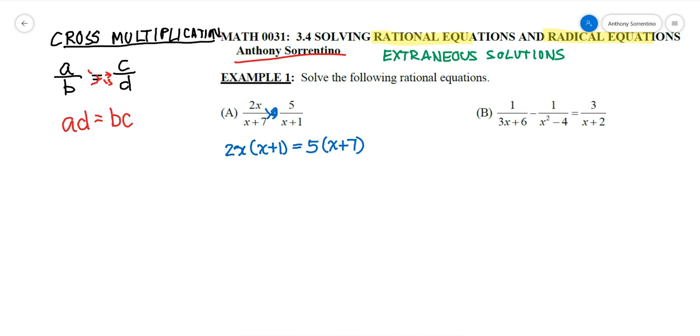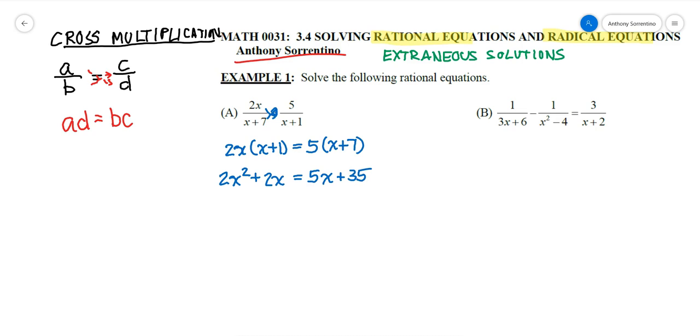Now I want to solve this equation, which means I'm going to need to do some simplifying. On the left, I'm going to distribute the 2x, so I'm going to have 2x squared plus 2x. On the right, I'm going to have 5x plus 35. Now we can see that this is a quadratic equation.